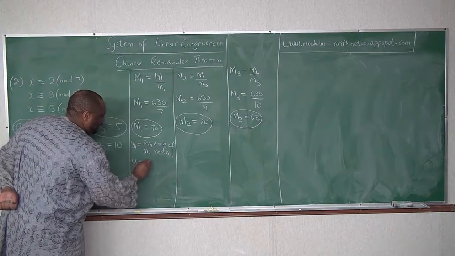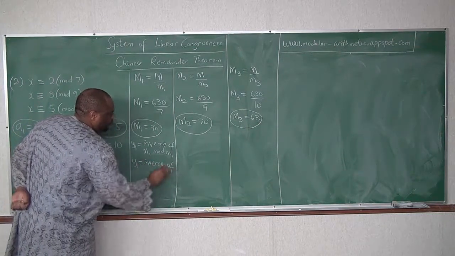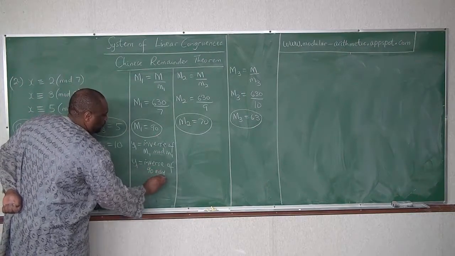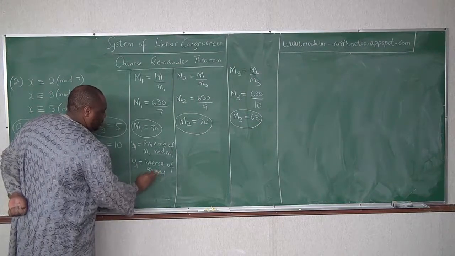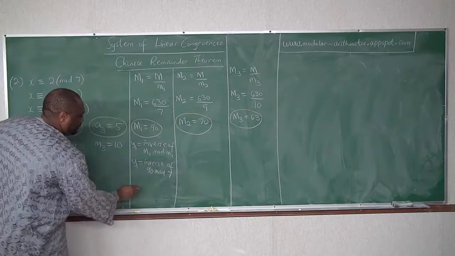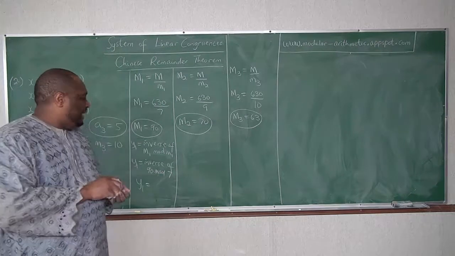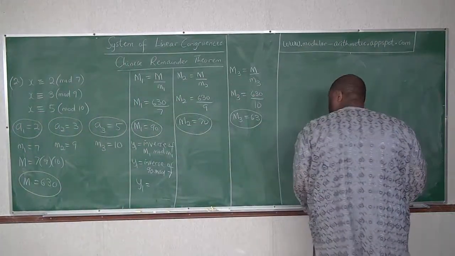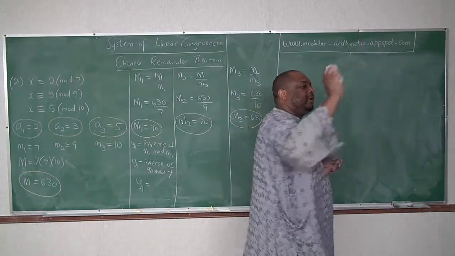So y1 is the inverse of 90 mod 7. Let's find our m1: the inverse of 90 mod 7.